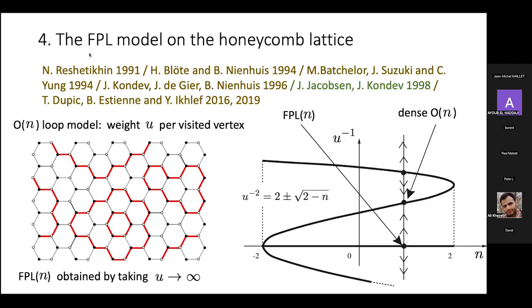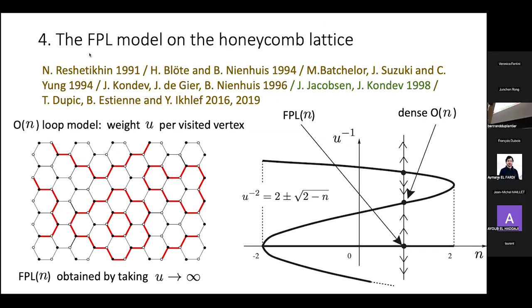So I go back to the fully packed model before using KPZ. So you remember, on the left, on the top, you have the list of people who work on this model, this fully packed model in the mid-90s. There was a lot of activity when people realized that there was something special about the fully packed condition compared to being dense in the O(n) model.